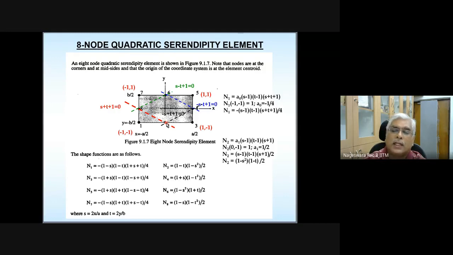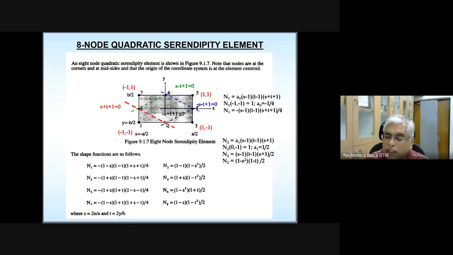So the shape function expression for the 7-node element consists of an (S minus 1) term, a (T minus 1) term, and S. You need to start with something like N1 equals A0 times (S minus 1), (T minus 1), times S, and determine that A0.